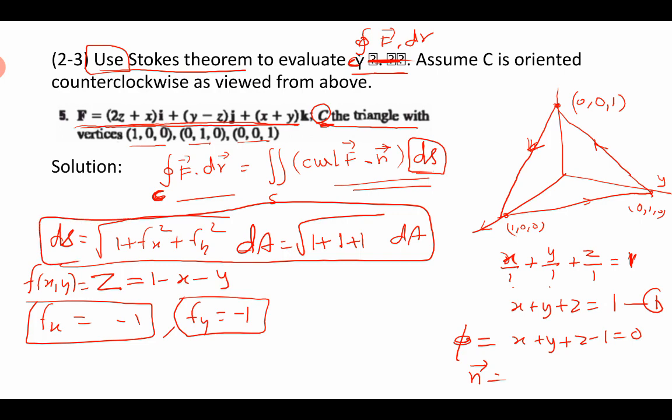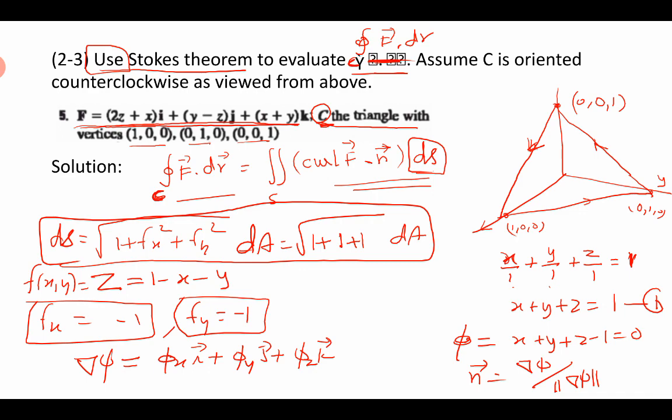Now find n vector. Phi is available. For n vector, the formula is del phi over norm of del phi. So what is del phi? Del phi is phi x i, phi y j, phi z k.